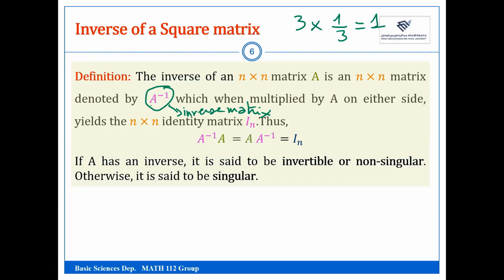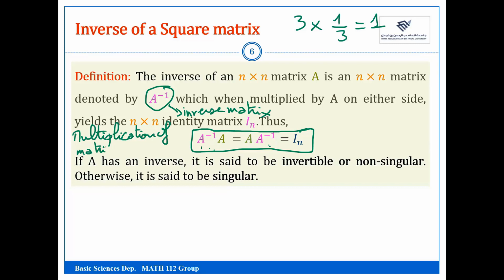When it is defined, it must satisfy the following rule: if we multiply A by its inverse to the left and to the right, we must try both sides, because, remember, multiplication of matrices is not commutative.